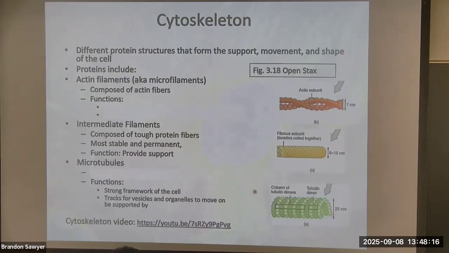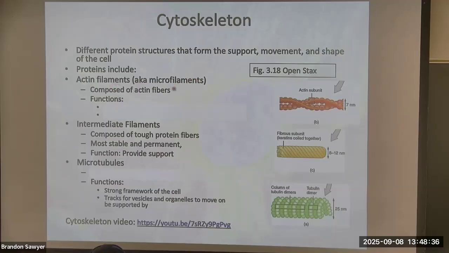All right. The cytoskeleton has three primary protein categories that make it up. These are different protein structures that give the cell its shape, help it move, and provide an internal system of transportation. First we have actin filaments, also known as microfilaments.